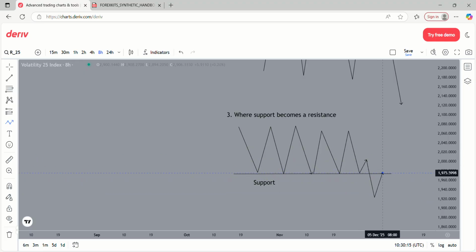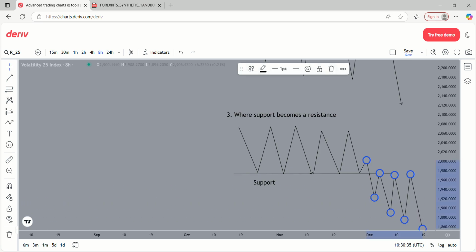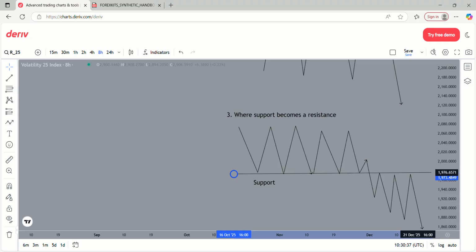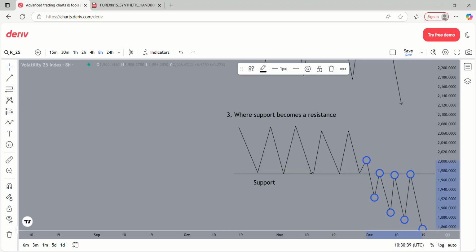So this is what we call a valid breakout. We see the market start retesting this support area, but at this point it's no longer called a support, it is now called a resistance. Market coming back to this support area, resisting price, is now called a resistance. So that's what I mean, that a support can become a resistance.